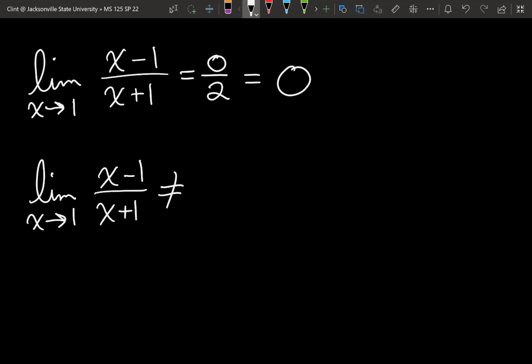If we try to use L'Hopital's rule, we do the derivative of the top over the derivative of the bottom. So derivative of the top is 1. Derivative of the bottom is 1. The way we get 1. And we would be wrong. Okay. So you got to check the top and the bottom.